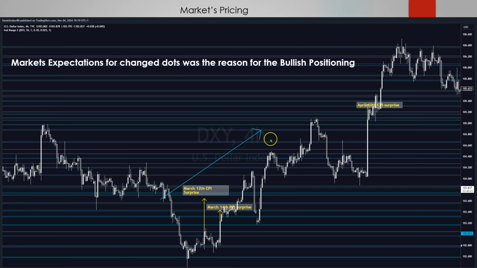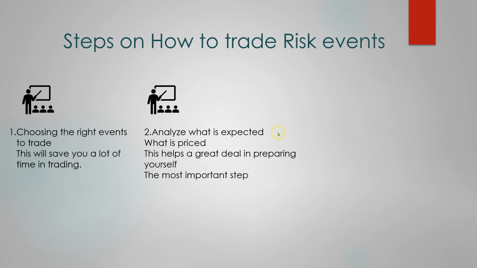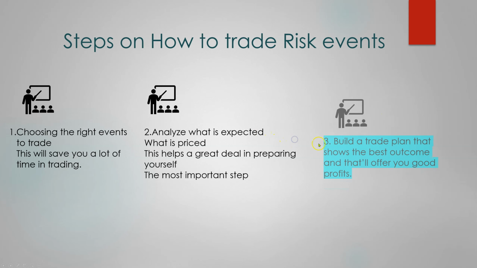So it was very clear and very evident that markets were now literally moving according to what they had already priced. They were expecting the Feds to be more hawkish and reduce their 3 cuts for this year to 2 cuts for 2024.